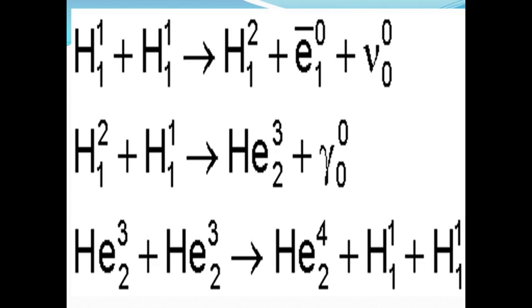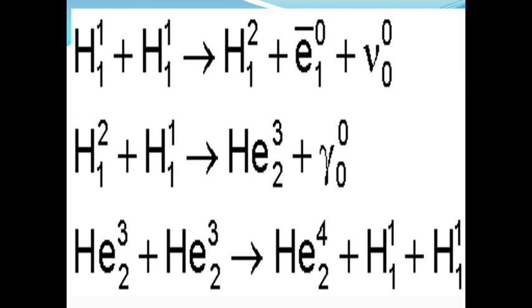Finally, two He23 nuclei combine to form an He24 nucleus and produce two protons also. The total energy evolved in this process is 24.7 MeV. We had already said that the energy released in a fusion process is approximately 24 MeV.